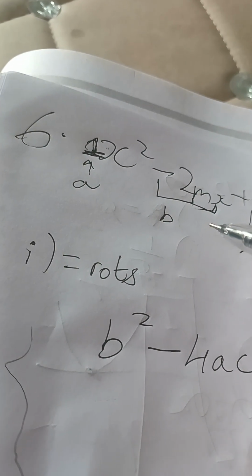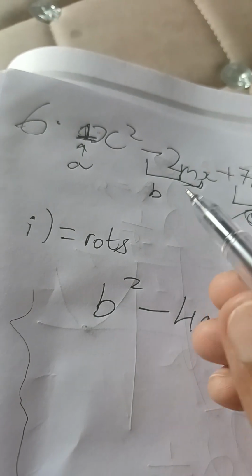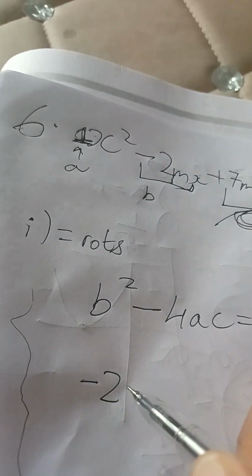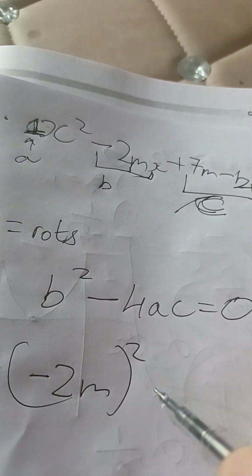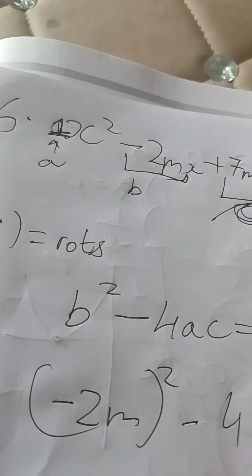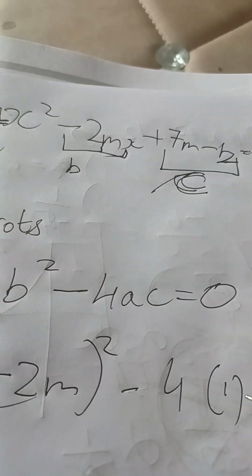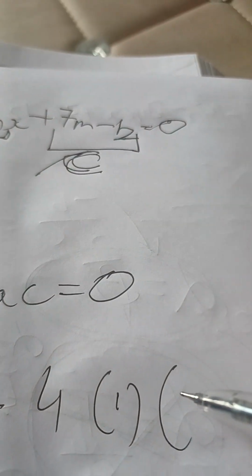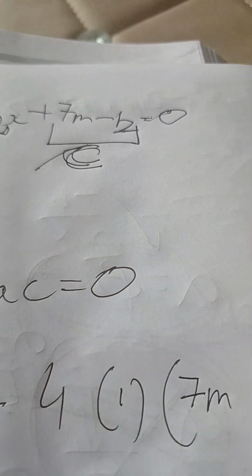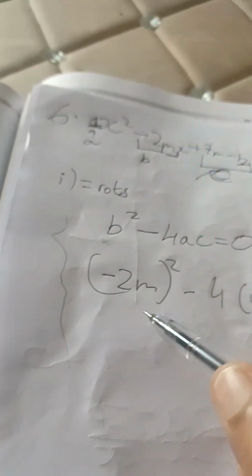So b square minus 4 into a, into c, and this is c, equal to 0.